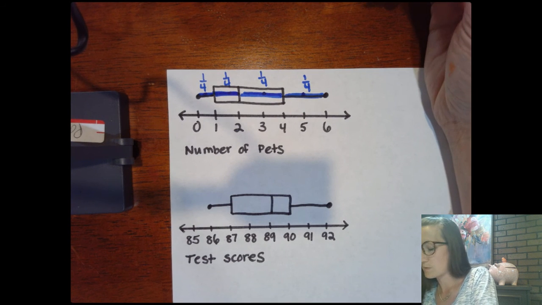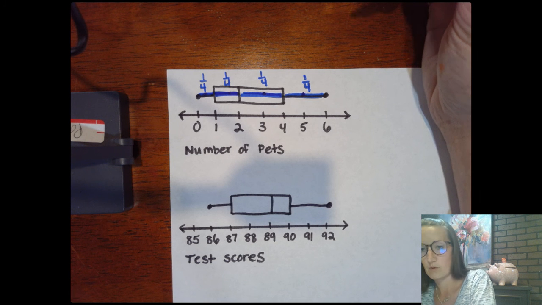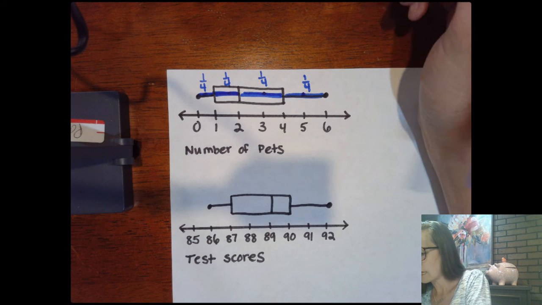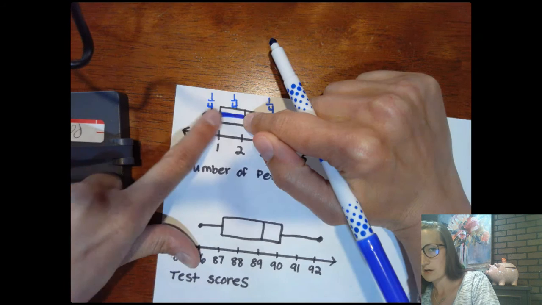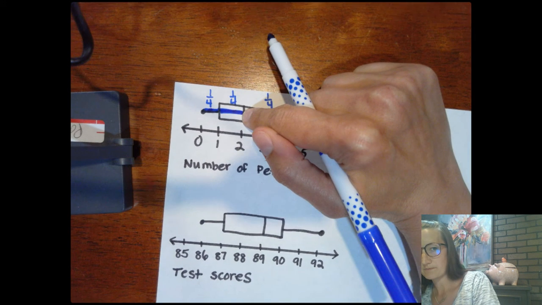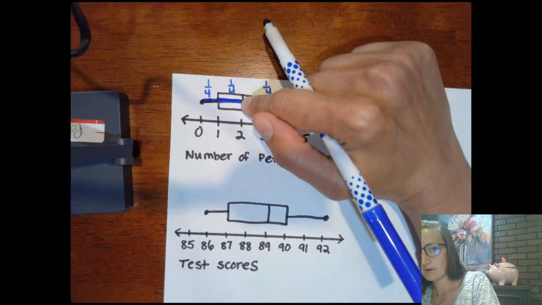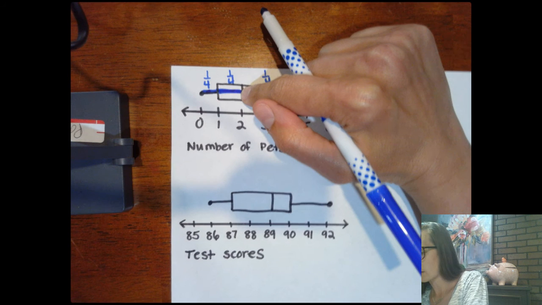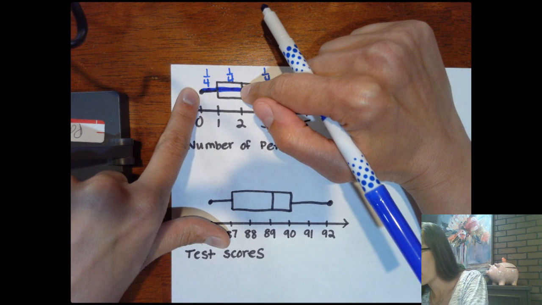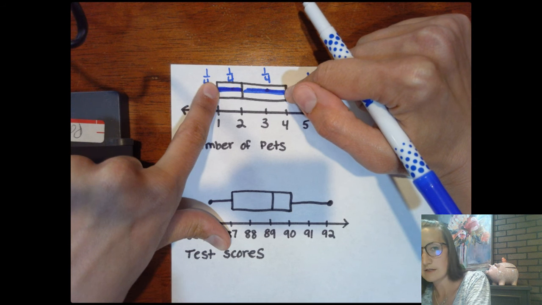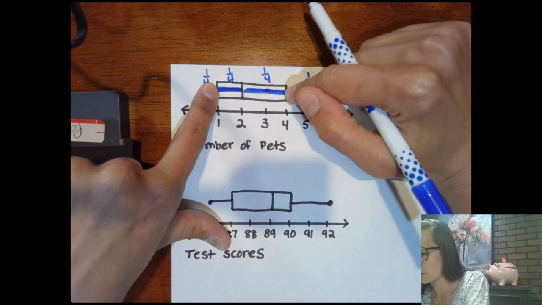We can even put those pieces together. 1/4 and 1/4 is 1/2. So we could say half of the class, 2 groups in between my fingers here. Oops, as I hit our camera. Half of the class is in between 0 and 2 pets. We could also say half the class has between 1 and 4 pets. See how there's 2 groups in between my fingers?